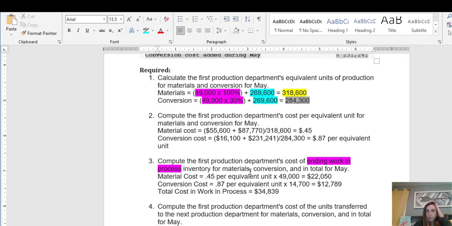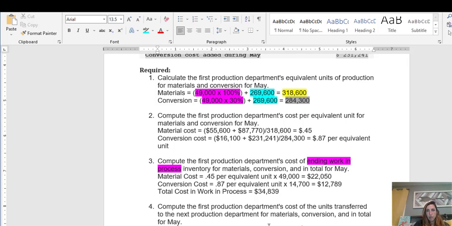So what I could do is add the 45 cents and the 87 cents together and just multiply that total figure, like $1.32 maybe, by the 269,600 units. But I will do both math pieces here separately. So I'm going to multiply the 45 cents by the 269,600 units that are completed.